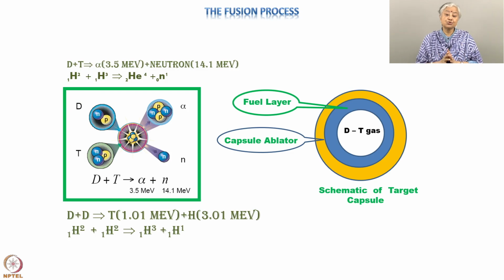Now, how should you bring a deuterium and a tritium atom close together? In order to bring the nucleus close together, you have to bring those atoms close together, and these atoms have electrons revolving around. Okay. So, it has to overcome that Coulomb energy.